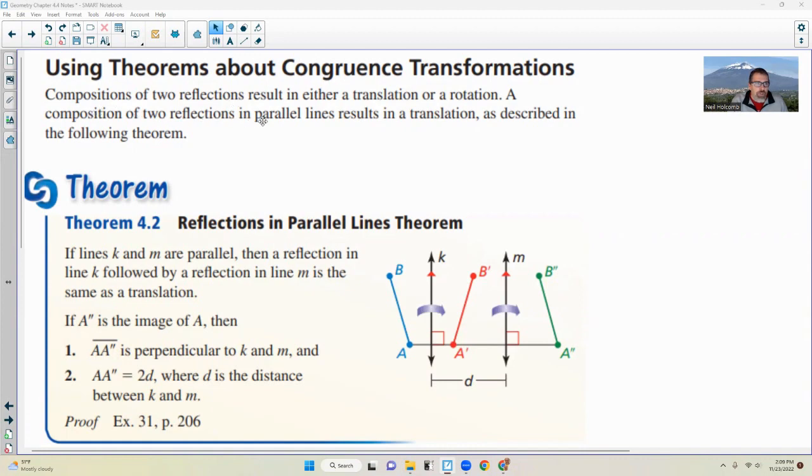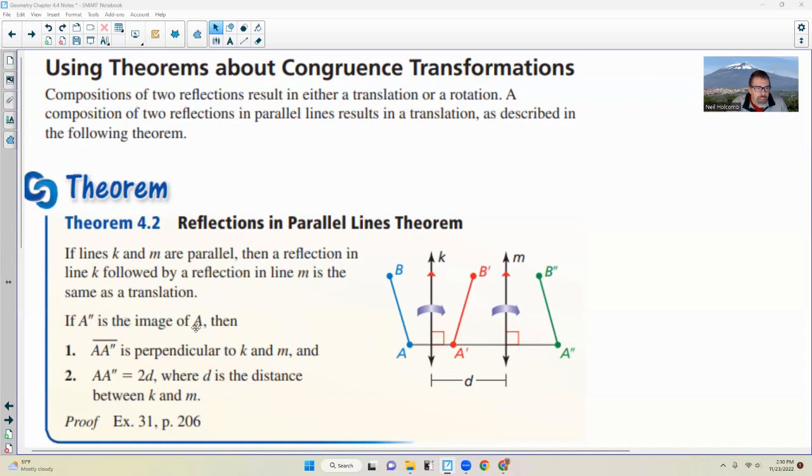So 2 reflections is equivalent to 1 translation. A composition of 2 reflections in parallel lines results in a translation as described in the following theorem. So I just mentioned that. It says here that if lines K and M are parallel, that is key, then the reflection in line K followed by a reflection in line M is the same as a translation.